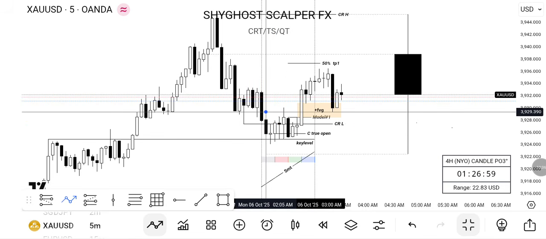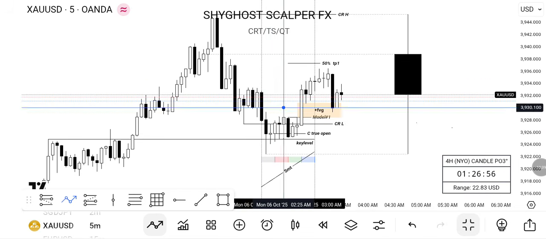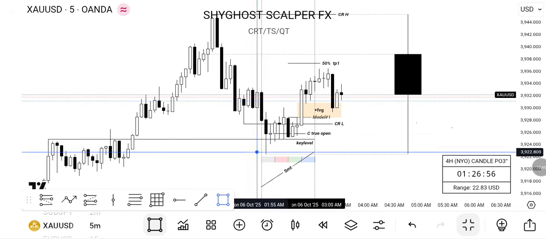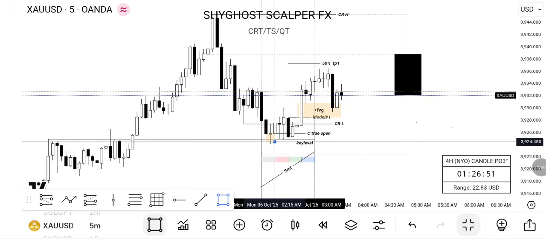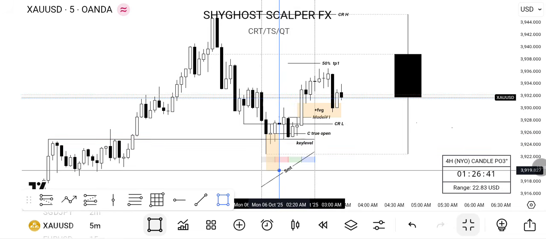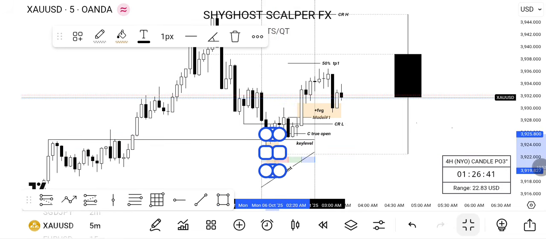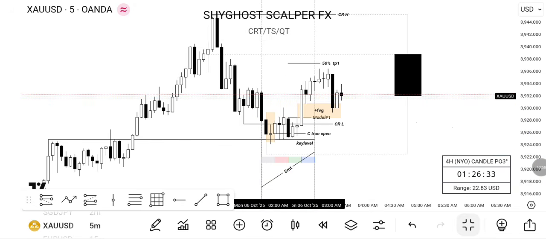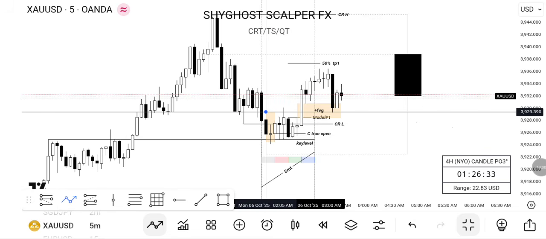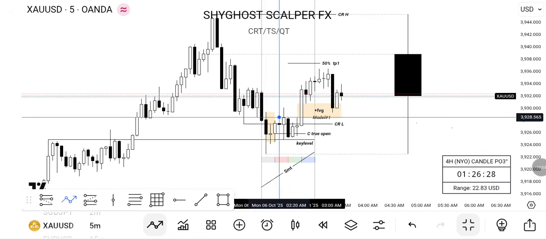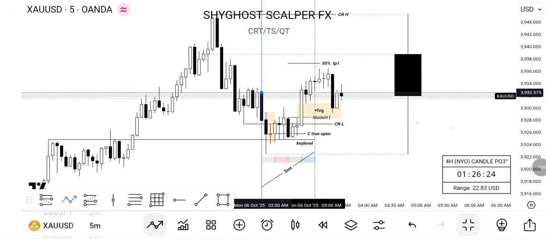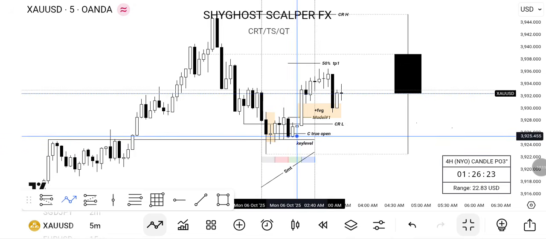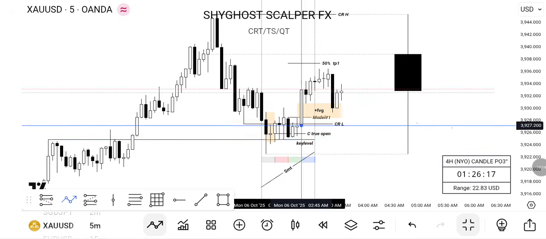If this candle is a bullish candle on silver, and on gold it's a bearish candle, that means this candle is our PSP candle. PSP stands for precision swing point, right? So it's another confluence that we are using when we are using quarterly theory. On silver it's a bullish candle, and on gold it's a bearish candle. So it's another confluence, right? It's part of stacking our confluences, where we're looking to take our entries when we are trading the H1 model.